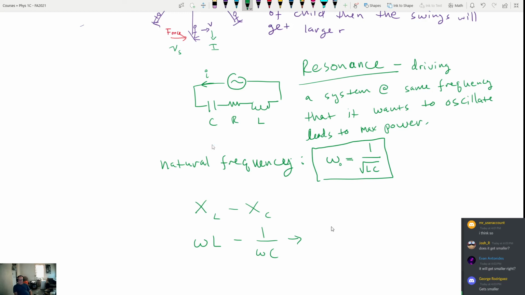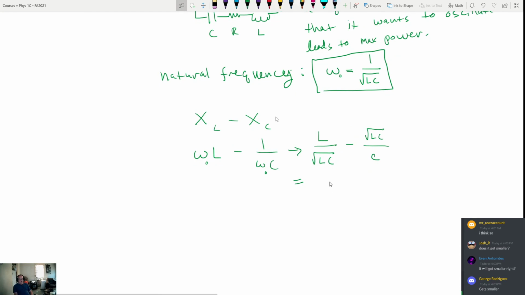I don't know, we'll see. It should work out. If I plug in omega naught here and here, then what we get is L over square root LC, minus, so it's 1 over omega naught times 1 over C, so this one's going to be square root LC divided by C. I think this is automatically equal to 0.